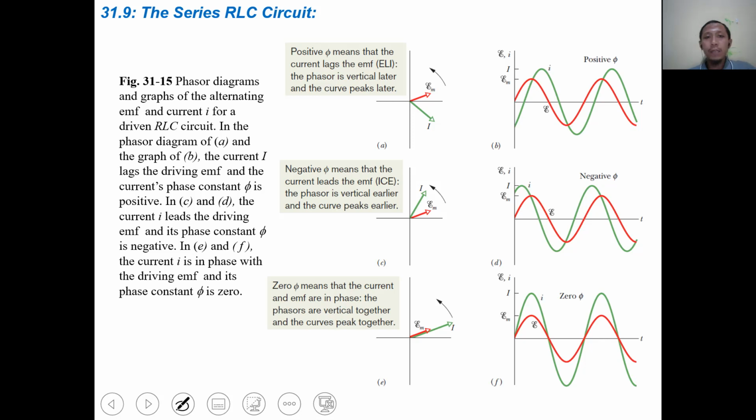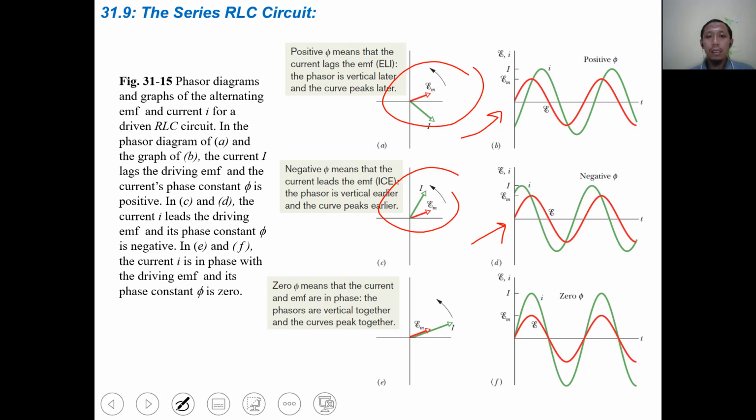A positive phi means that the current lags the EMF, like this one. Negative means that the current leads the EMF. In the graph of the sinusoid, it looks like this: this is the current lagging the voltage, and this is the current leading the voltage.